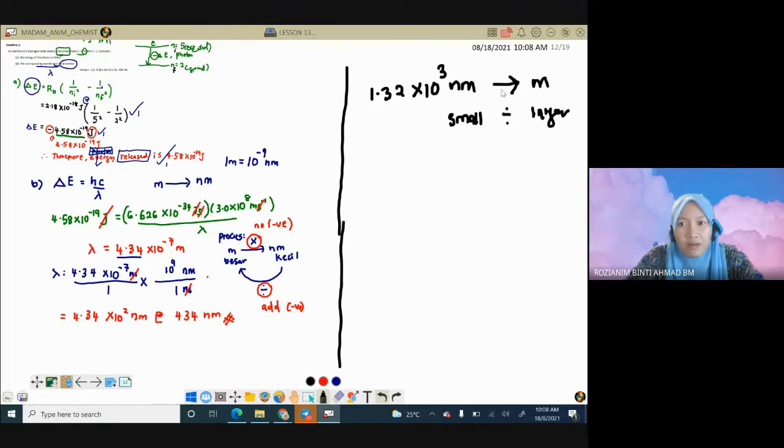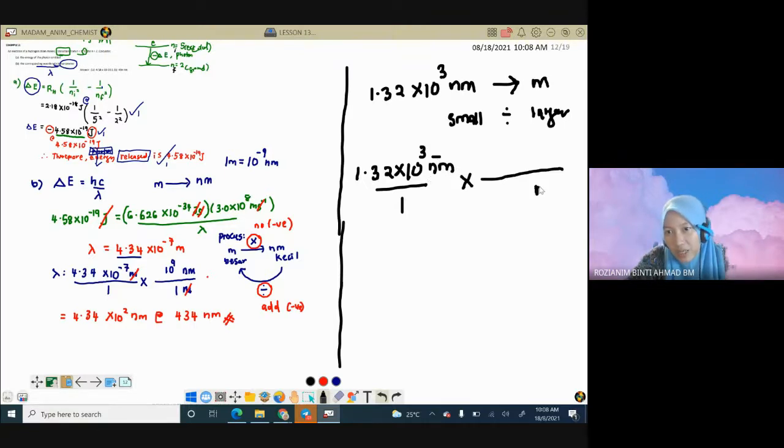How? By using the fraction conversion, 1.32 times 10 to the power of 3 nanometer over 1 times another fraction. We want to cancel nano, so nano must be put at the bottom. We put 1 nano equals, in meter, 10 to the power of 9.